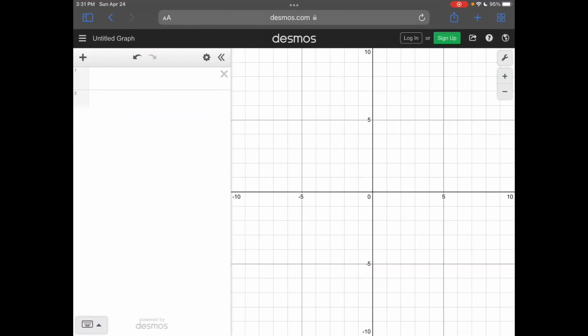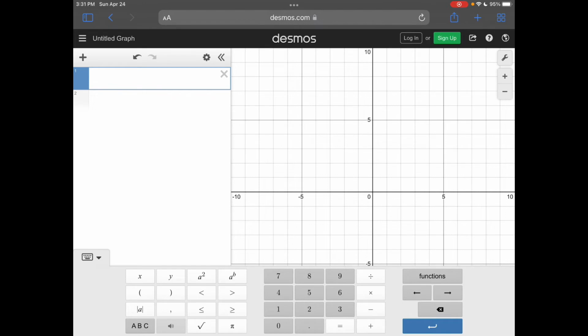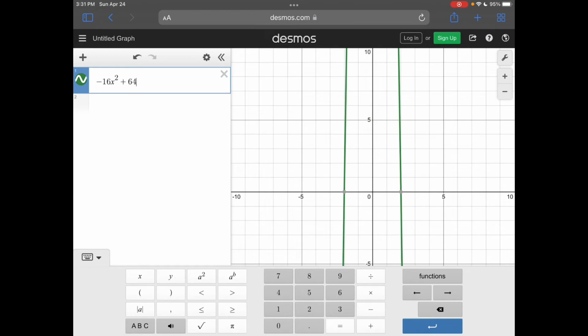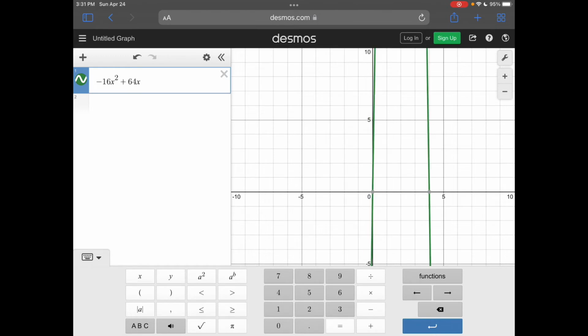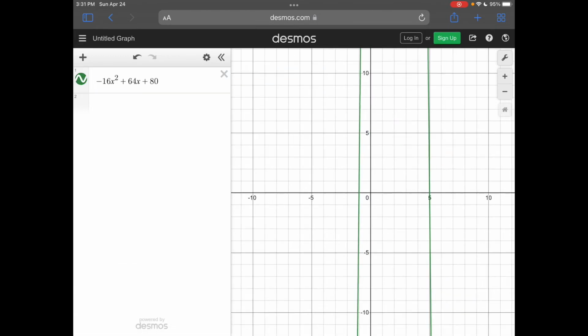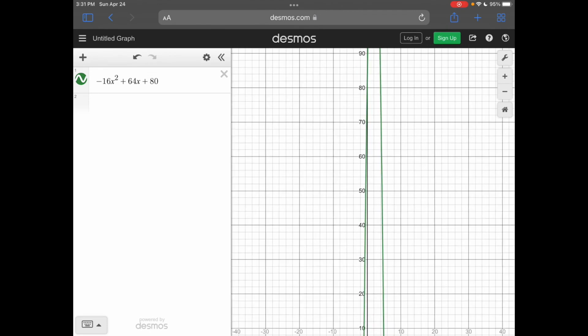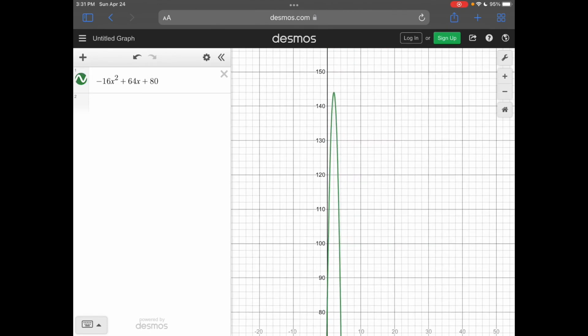Now, Desmos doesn't know what the variable t represents here, so I'm going to replace that variable t with x. So I'm going to have negative 16x squared plus 64x plus 80. And remember, you can zoom in and zoom out, whatever you'd like to do. And I'm just going to click on that vertex.